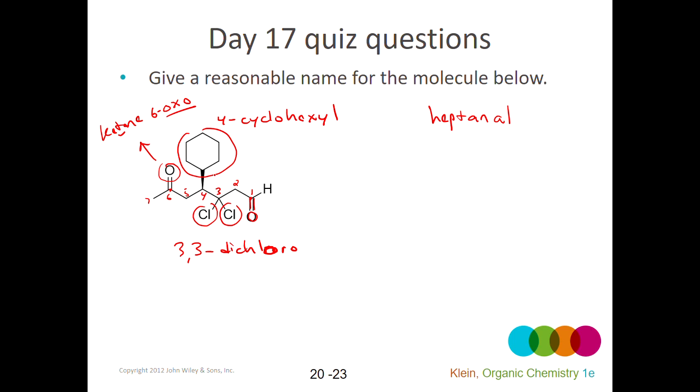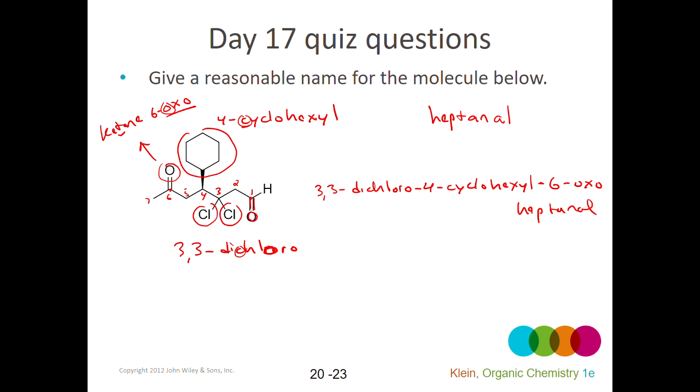If I put all that together alphabetically, comparing C versus O versus C, here CH versus CY, that would be 3,3-dichloro-4-cyclohexyl-6-oxoheptanal.